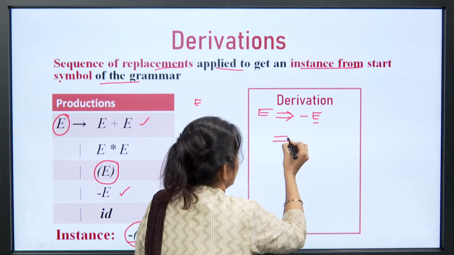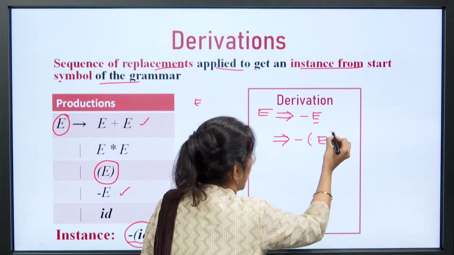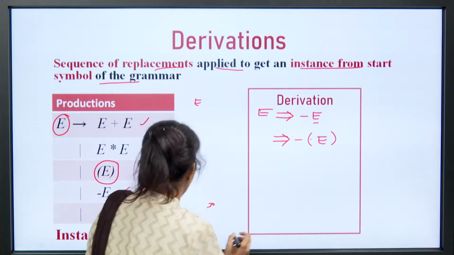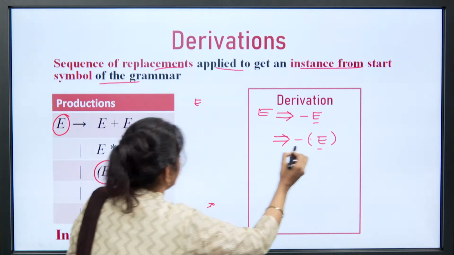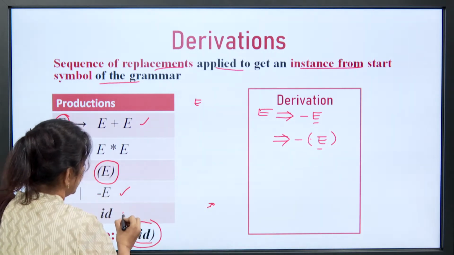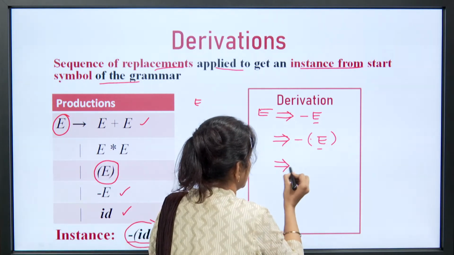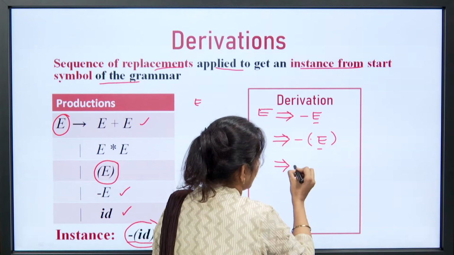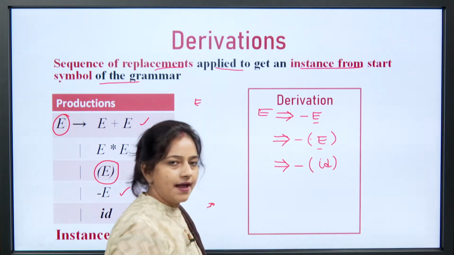Now, E derives minus opening parenthesis E and closing parenthesis. Now, here we need to get ID, and here we have E. This E should be replaced with this alternate to get the desired instance. So, here this derives minus opening parenthesis ID and closing parenthesis.